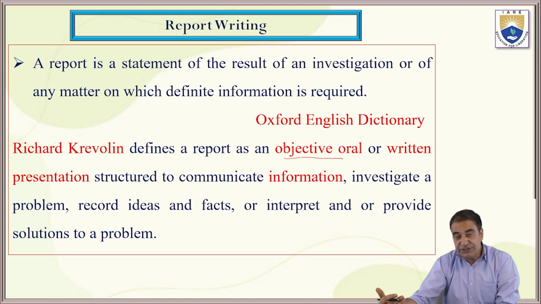When we say objective, it means that it's an unbiased piece. Here, we can't express our personal feelings, our subjective feelings, our personal emotions. Here, one needs to be very objective, to the point, unbiased. That's why it's an objective piece.